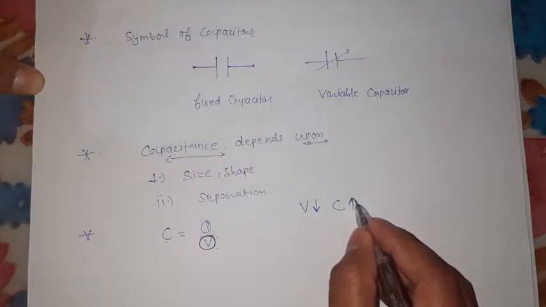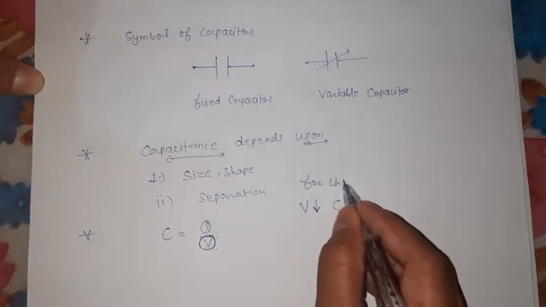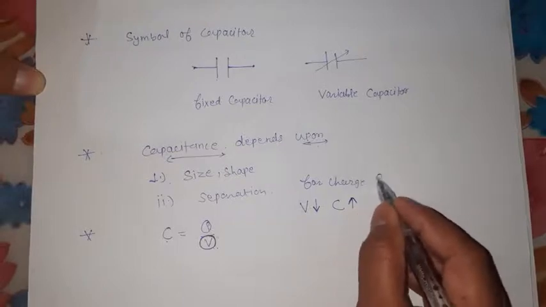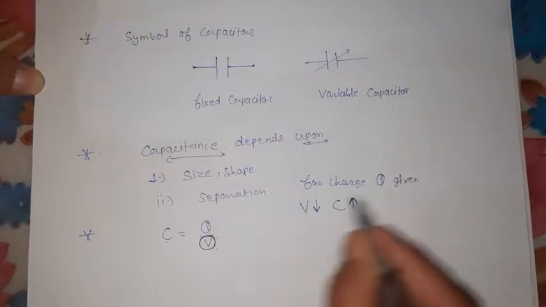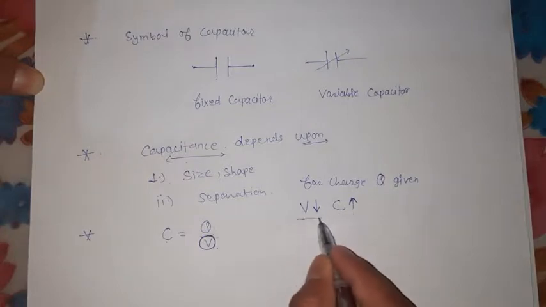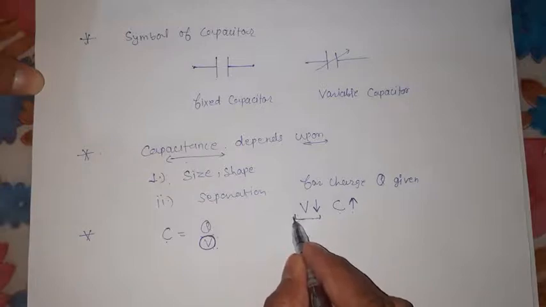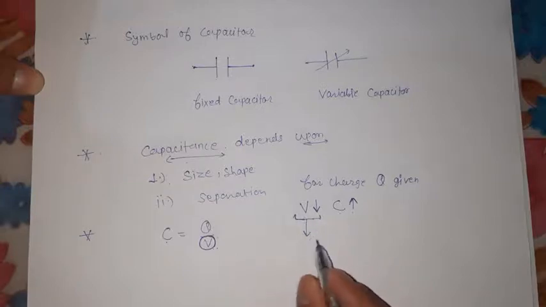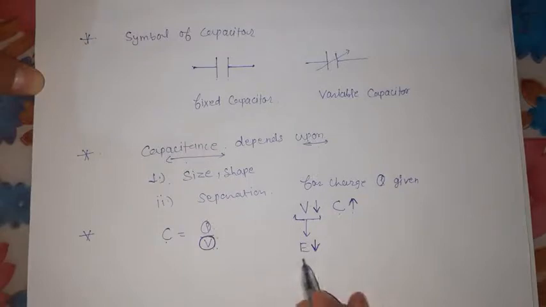So for a given charge Q, if the potential difference is decreased, the capacity will increase. The question is, how can we decrease this potential difference? We have to decrease the electric field, and this electric field can be decreased by using a dielectric medium. So here we have the dielectric medium.